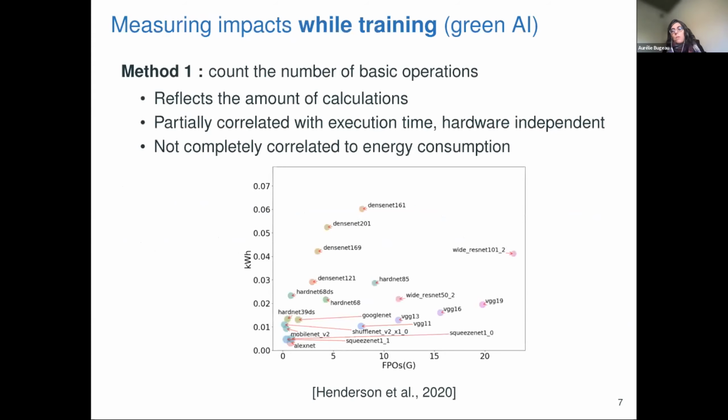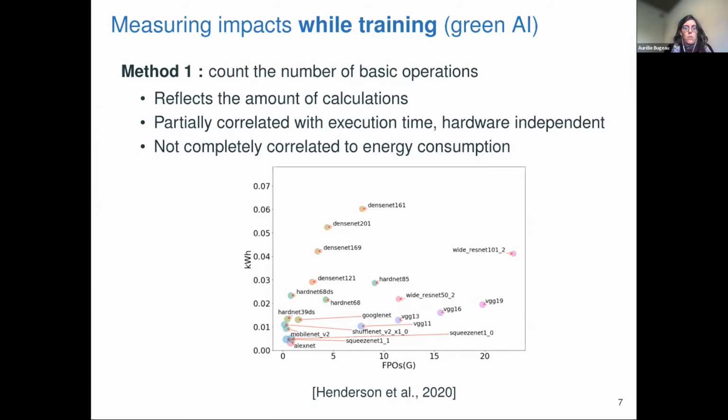When you do deep learning, or machine learning indeed also, when you train your system on data, you can count the number of basic operations. This is just algorithmic complexity. You can look at whether your algorithm is complex. So you can count these operations and then say that they reflect the amount of calculations, which can give you a hint on how impactful your system is.